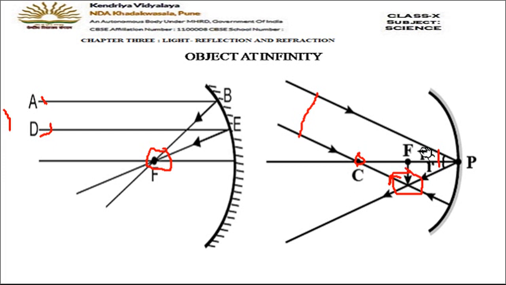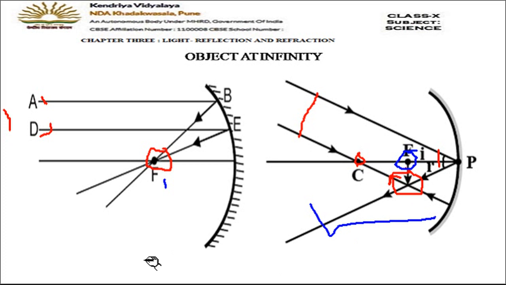So now I have shown you 3 diagrams for how to draw the ray diagrams for case number 1. The previous one which we had seen, then this one, and then this one can also be used. So you can draw in any of the 3 ways at all the places.